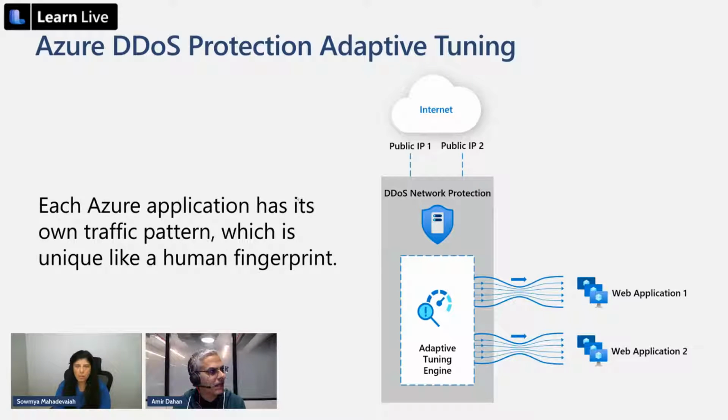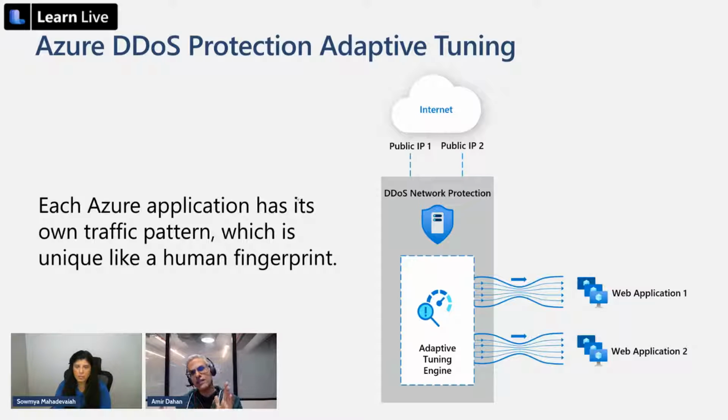And this is how we make sure that, first of all, the attacks are detected and then accurately mitigated. How do we create those policies? The policy essentially reflects the fingerprint of the application. It's like a human fingerprint. It's something specific to the application we are protecting. Each application will have a different fingerprint, and so it will have a different DDoS protection policy that we apply to protect it, right?